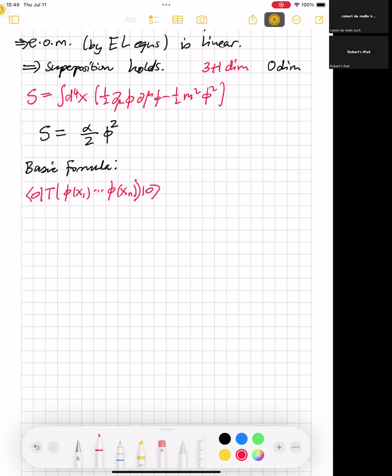So the time-ordered correlation function was given by an integral d phi e to the iS phi of x1 up to phi of xn. So it was a path integral over the field phi. Thinking in terms of the time-ordered correlation function, you probably have a nice intuitive picture because you can imagine your field creating and destroying particles. So some initial state is produced and then some final state is detected. And this can be related to some path integral.